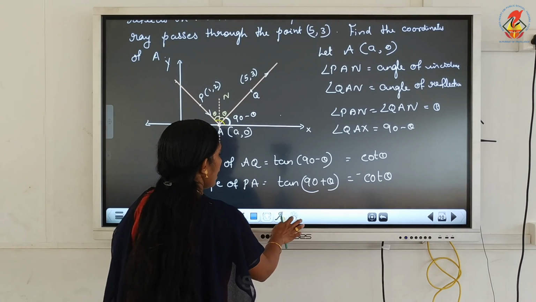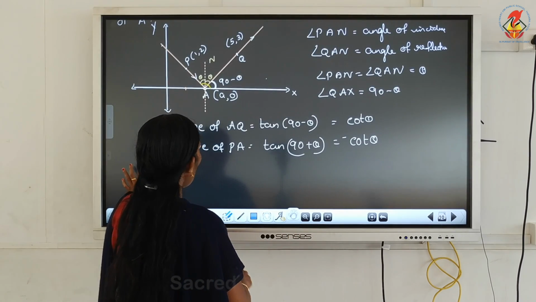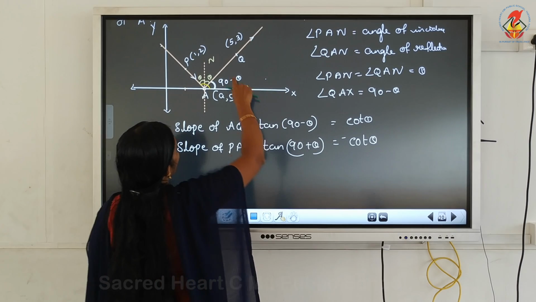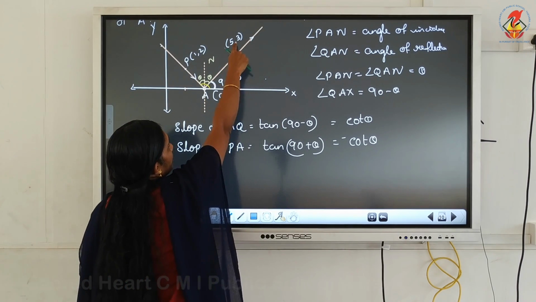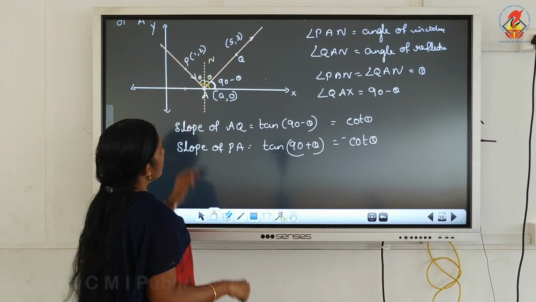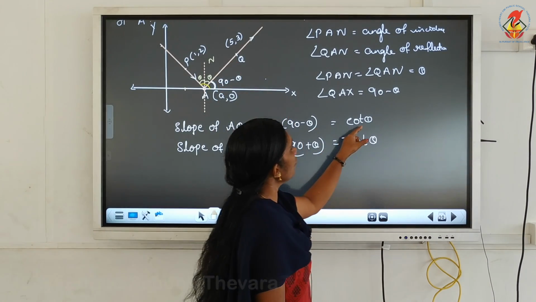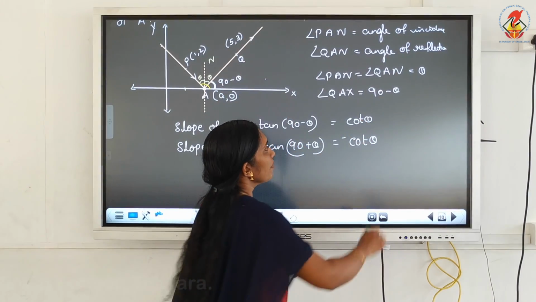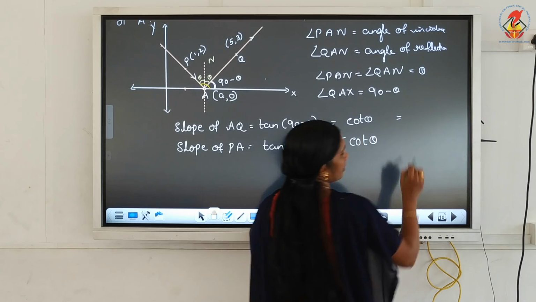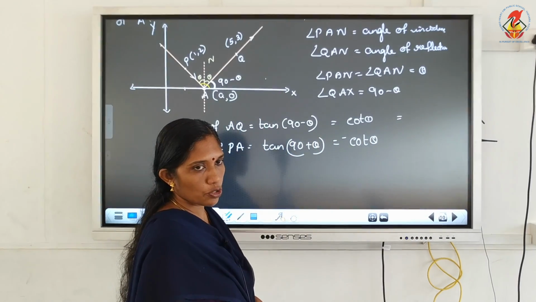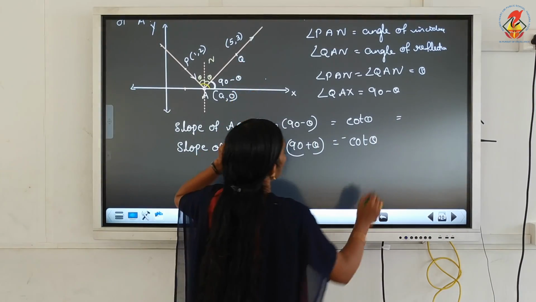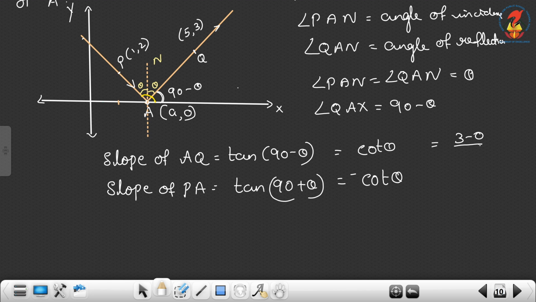Again, the coordinates we know, isn't it? A and Q. Q is 5, 3, A is A, 0. So the slope of AQ in terms of theta is cot theta. We can use the other result, y2 minus y1 by x2 minus x1. So 3 minus 0 by 5 minus A. And the second, that is PA.